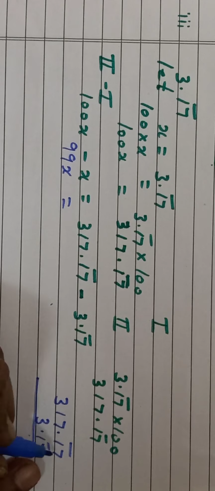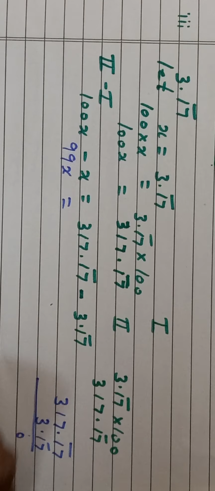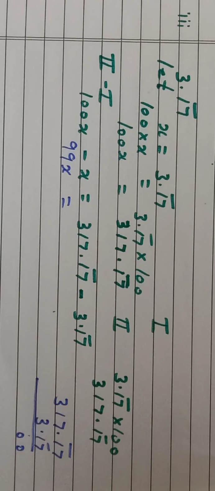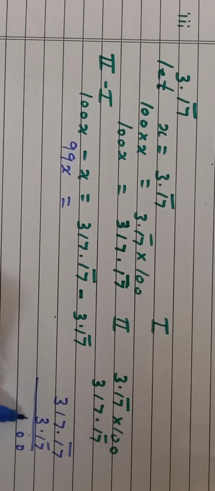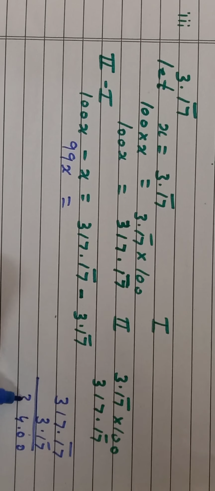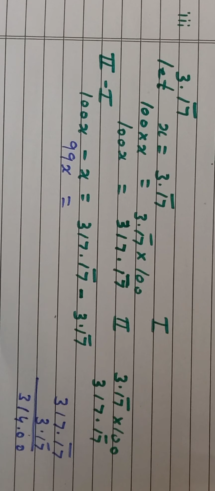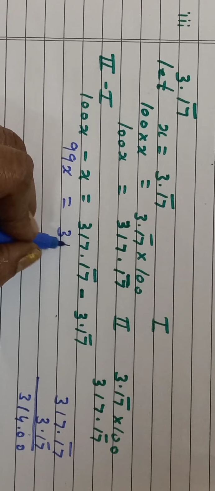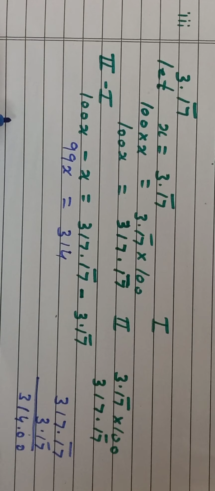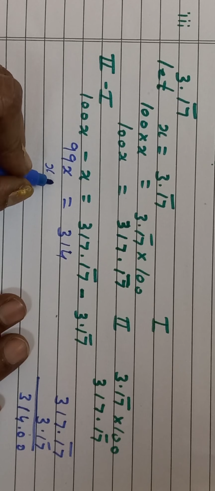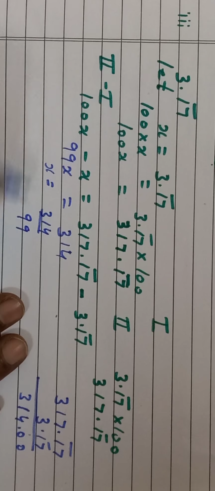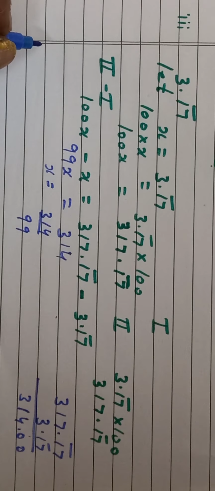Everywhere after the decimal point, 1717171717, you will get 00000. 7 minus 3, 4, so what you will get here is 314. So x is equal to 314 upon 99.